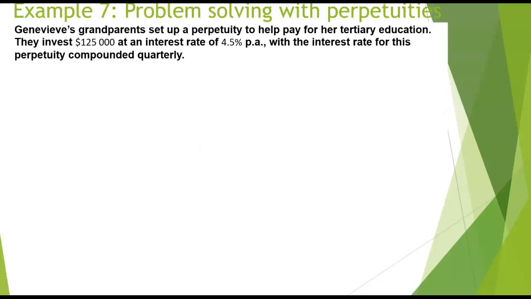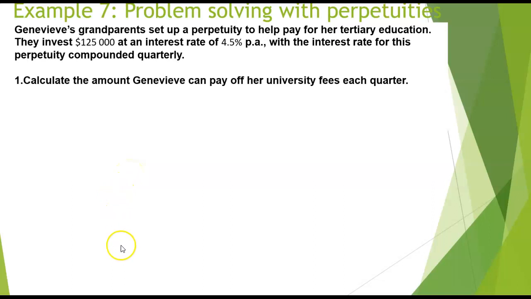Well, what if we need to do some problem solving? So Genevieve's grandparents set up a perpetuity to help her pay for her tertiary education. They're going to invest $125,000 at 4.5% per annum with an interest rate compounded quarterly.